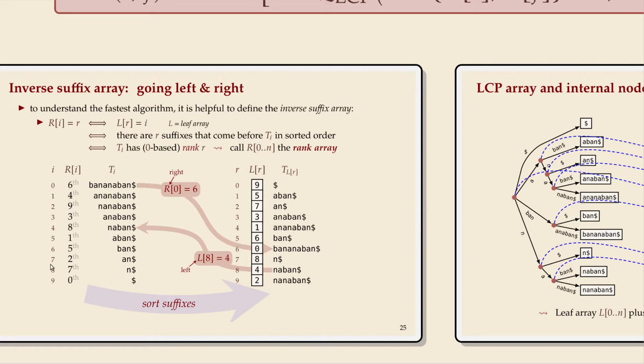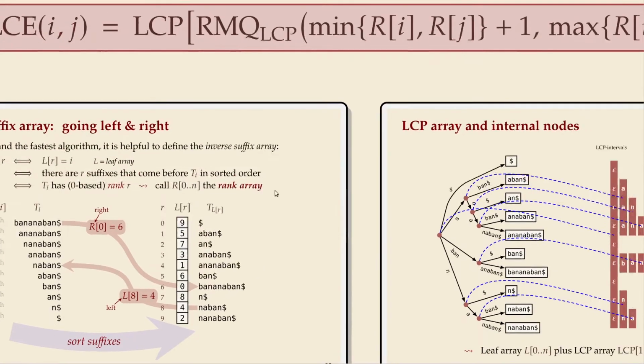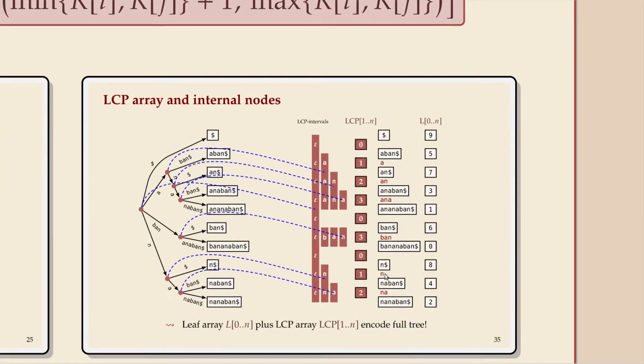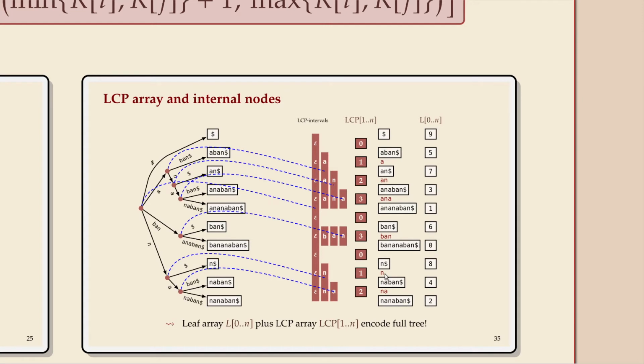You have the starting positions in the text, and then R tells you what is the rank in the sorted list. And so you can use this to go right and left in this picture. Now, what I'm saying here is, suppose we want to find the longest common extension in banana ban. Again, okay, let me write this again.